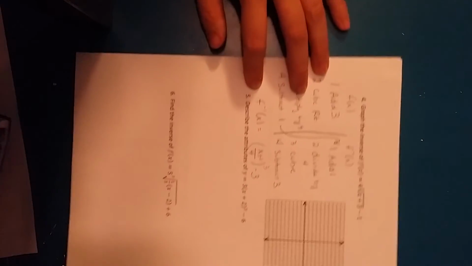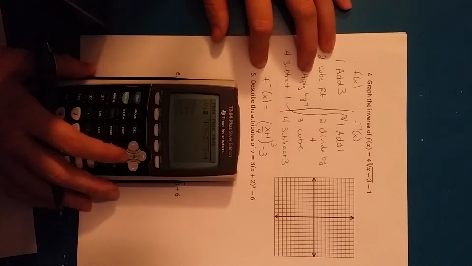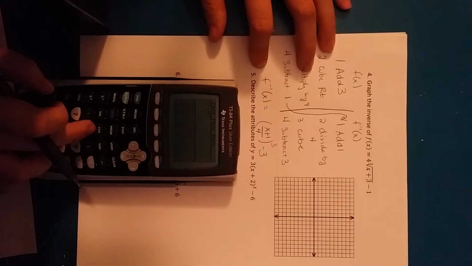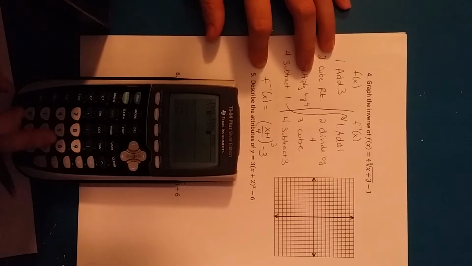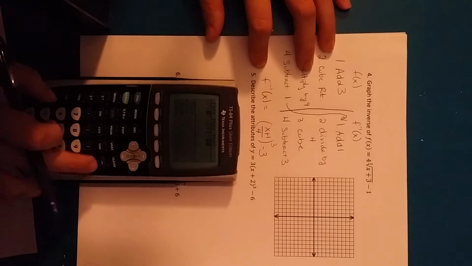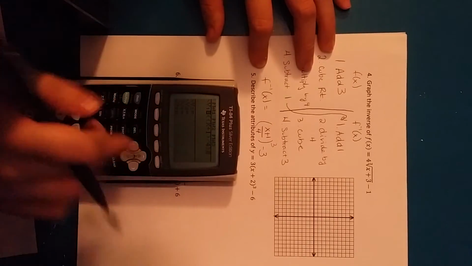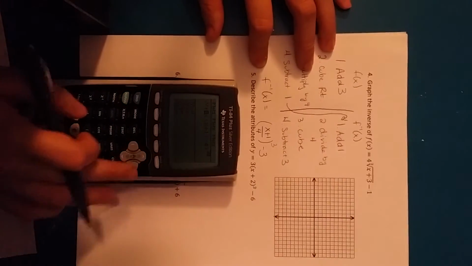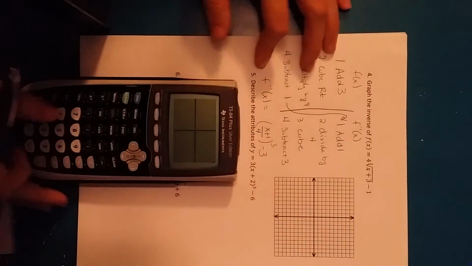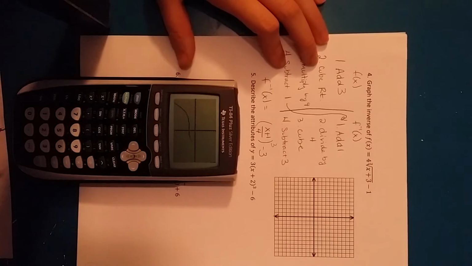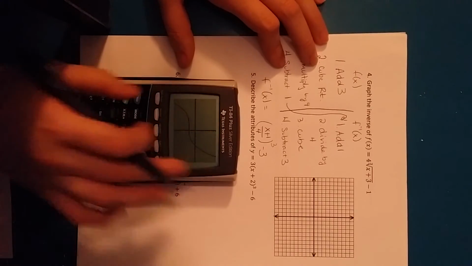So I can go ahead and put this in y1 and graph it. I need parentheses, 2 sets for my numerator, then my denominator, and close that, and I'm cubing all of it, and then subtracting 3. It's a nice cubic.